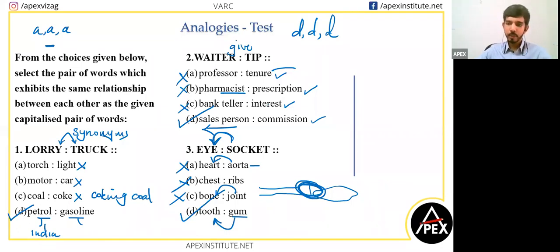Any doubts here? Anyone who's not understood any word or relationship, please let me know. If it was too fast or too slow, I can go faster. Yeah.